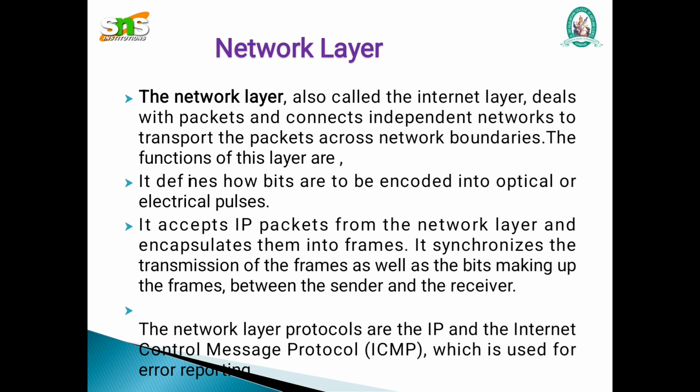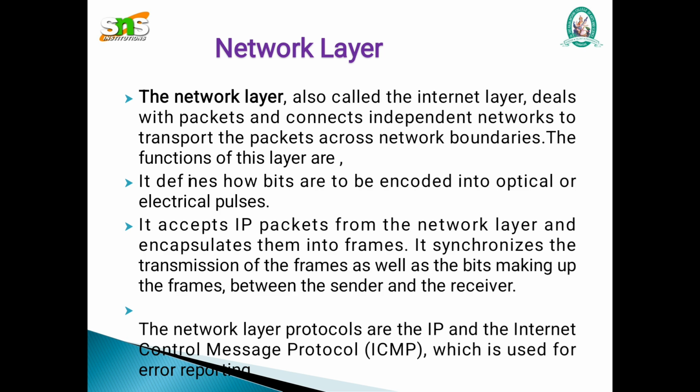Network layer. The network layer, also called the internet layer, deals with packets and connects independent networks to transport the packets across network boundaries. The functions of this layer are: it defines how bits are to be encoded into optical or electrical pulses. It accepts IP packets from the network layer and encapsulates them into frames.